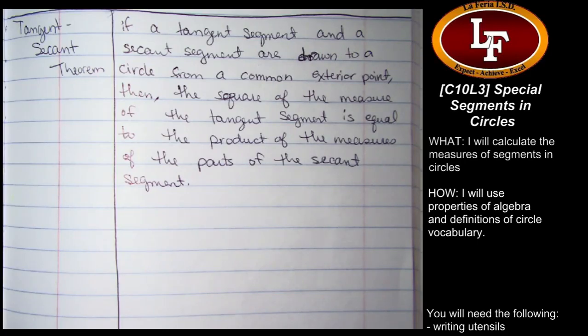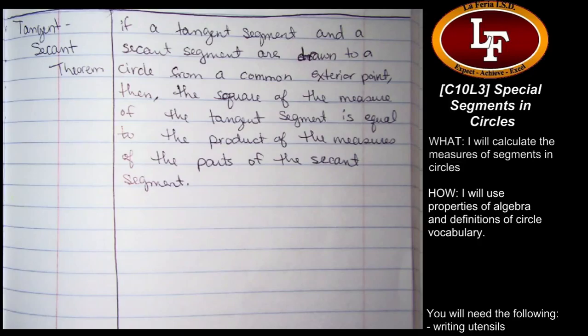All right. So I'll read it out loud for you so that you can read your thing and find out where we are. If a tangent segment and a secant segment are drawn to a circle from a common exterior point, then the square of the measure of the tangent segment is equal to the product of the measures of the parts of the secant segment. All right.